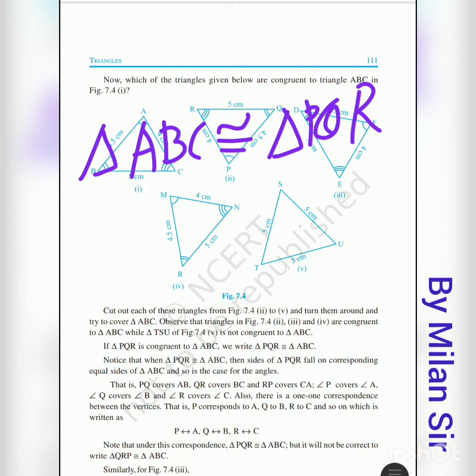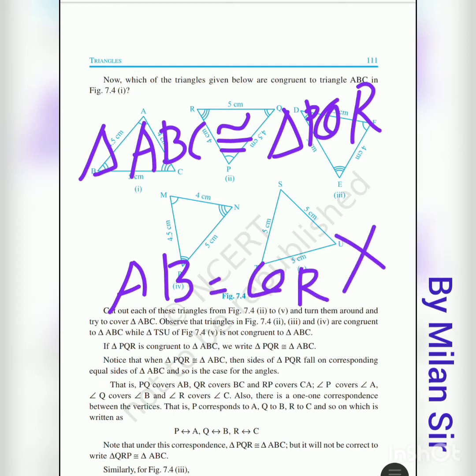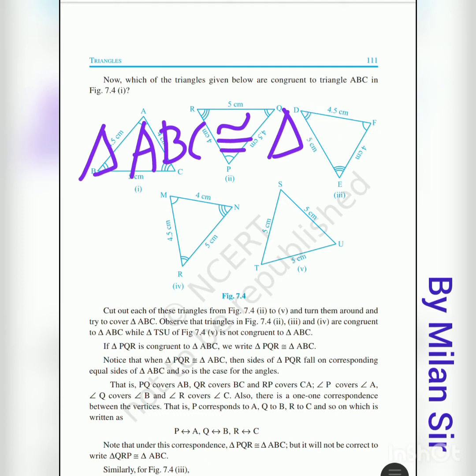We only need to take the corresponding parts. It's wrong, because AB is in the first two positions and QR is in the last two positions. But if it is written like QRP, then definitely AB is equal to QR. Whatever sequence is given here, the same sequence we need to follow for the congruency.